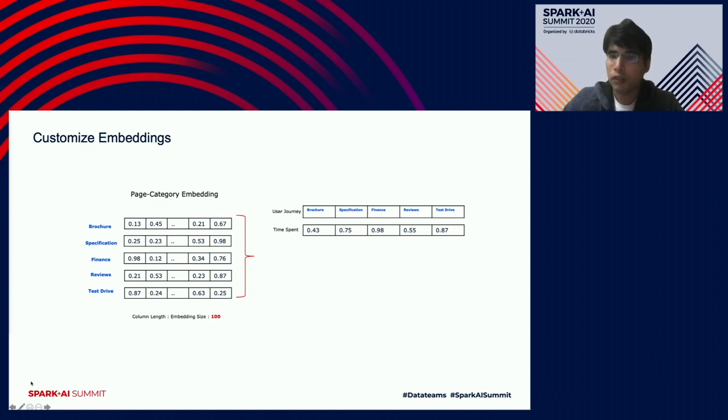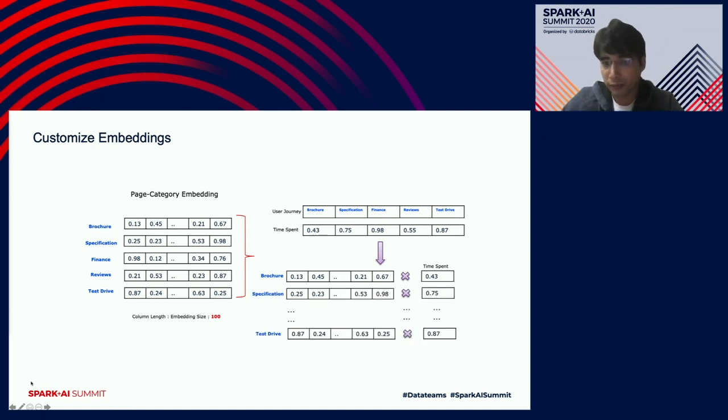We take this time spent and make a dot product, combining those information points to enrich the customer journey vector. So for each of the page categories, we multiply it with the time spent and make it more enriched.